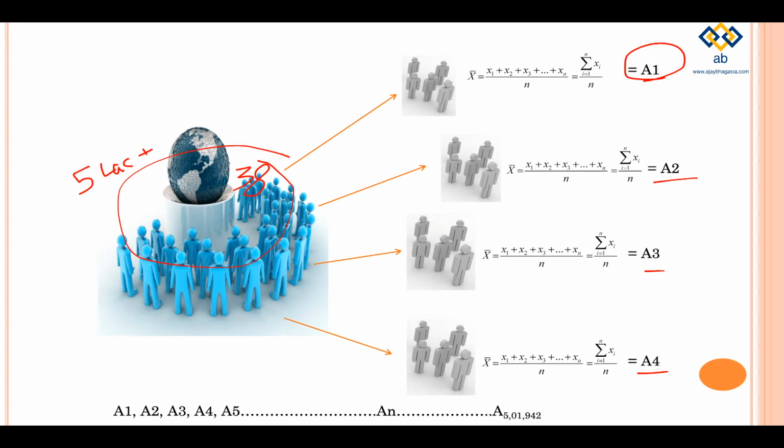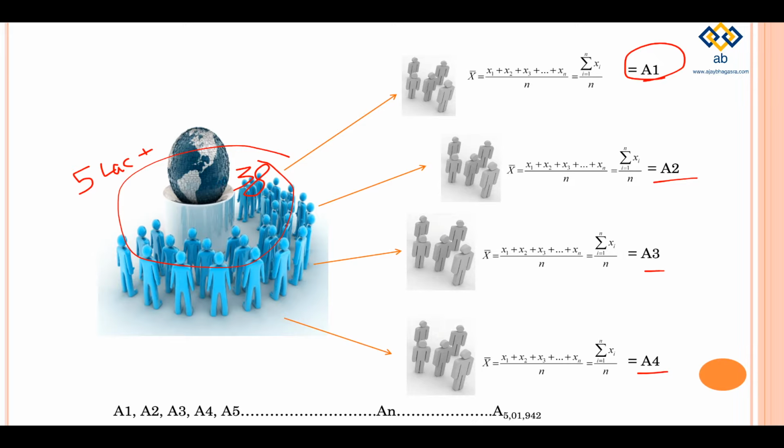Very important to understand. Out of this class of 38 students, with sample size 5, the number of possible combinations were more than 5 lakh. For all these possible combinations, I took the mean, and now instead of individual observations, I am talking of means. So A1, A2, A3, A4 are means.